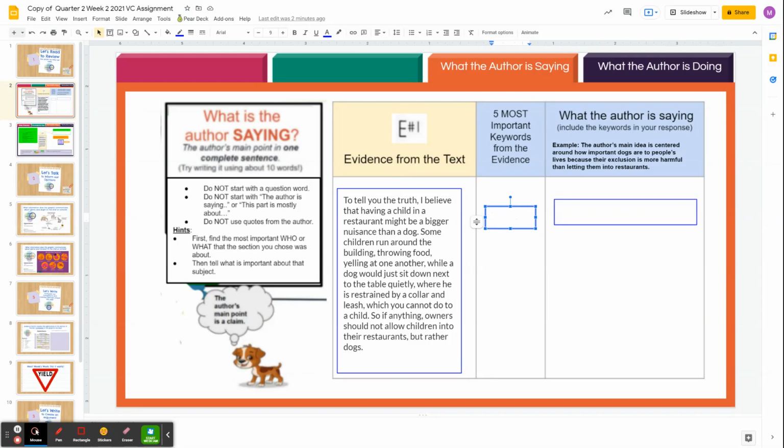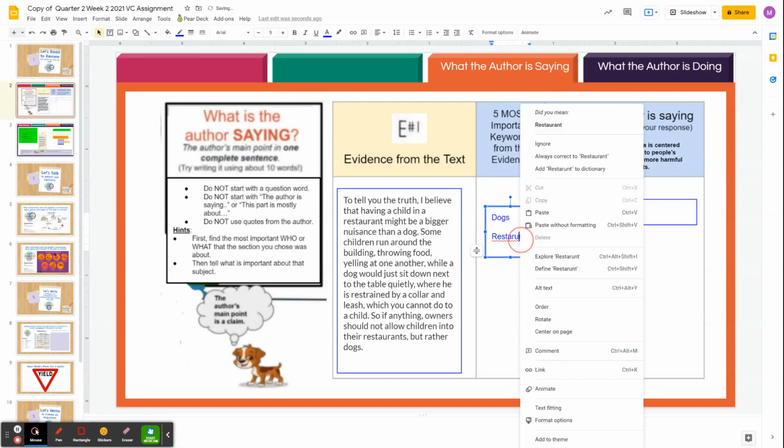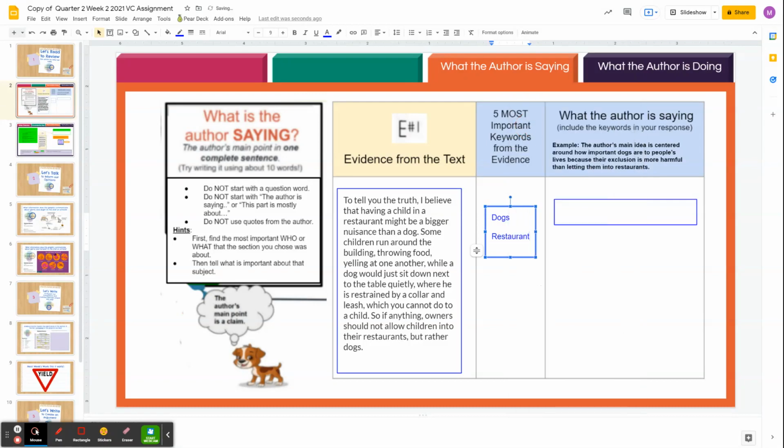So in this case, you might choose dogs, restaurant, nuisance, and children. For our last one, you might choose allow.